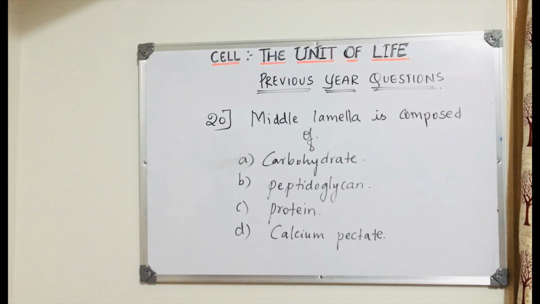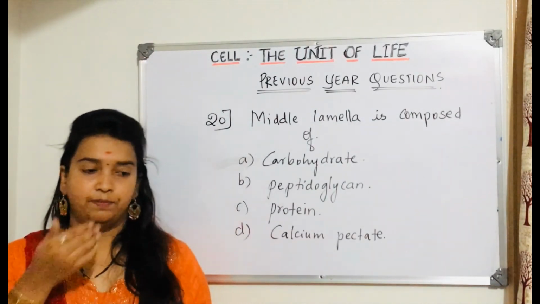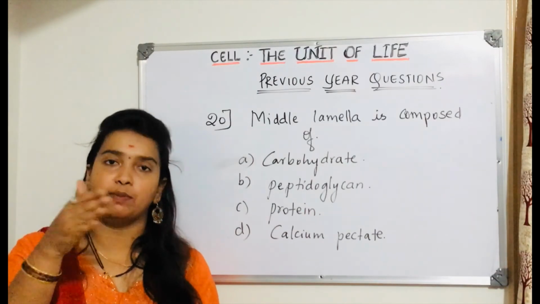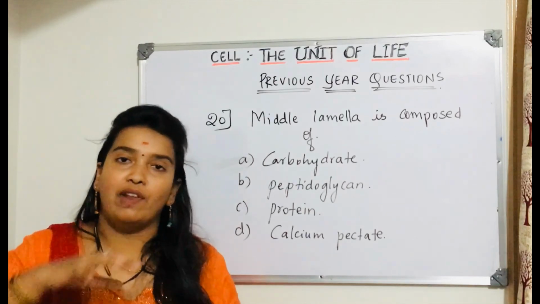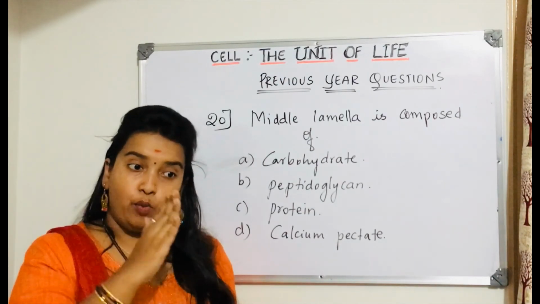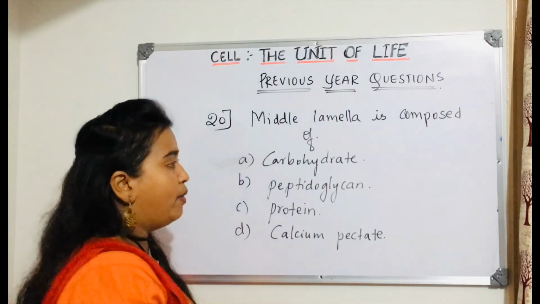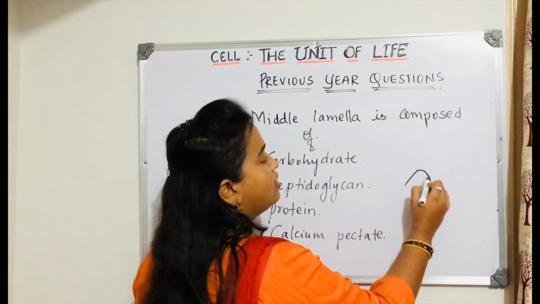What is middle lamella first of all? Where is middle lamella present? We call it a cementing substance. It helps in adjoining the different cells. Cells will have a cell wall. Within two cell walls is the cementing substance, when the cell walls are attached.